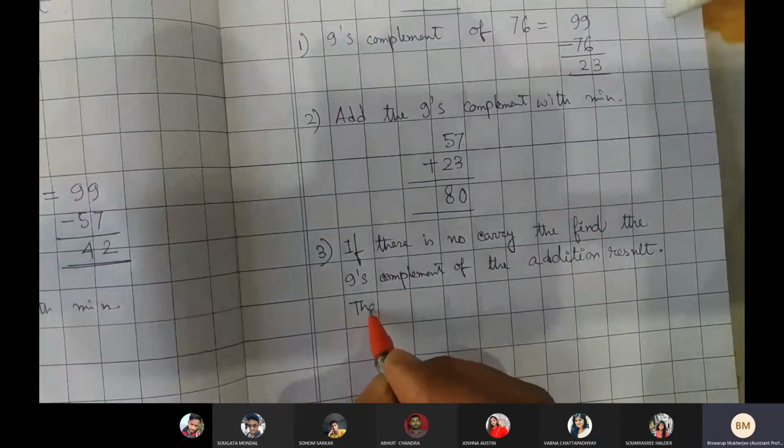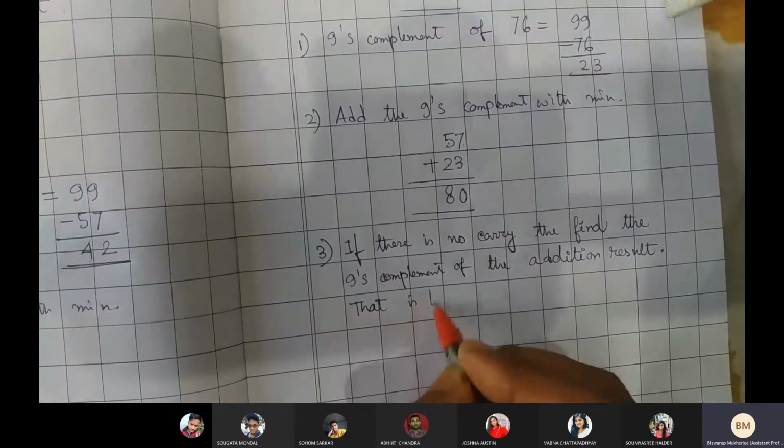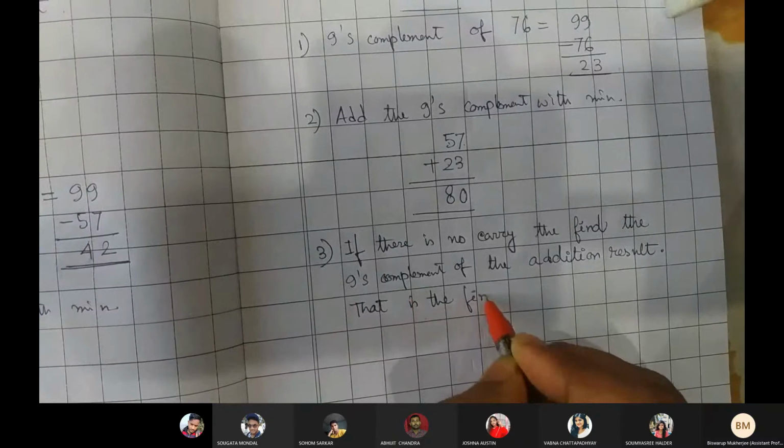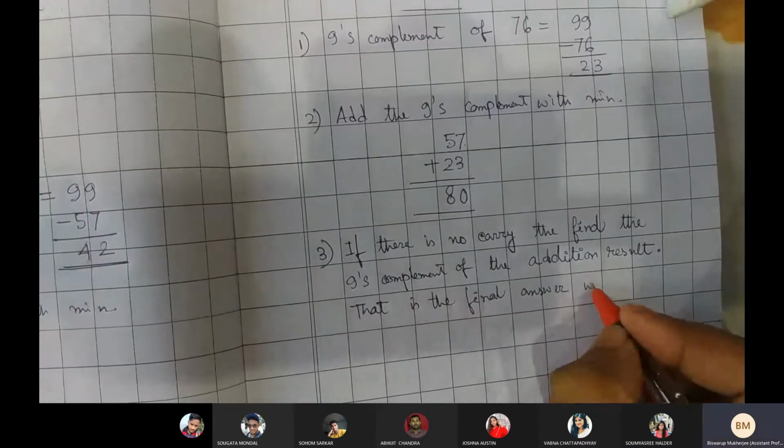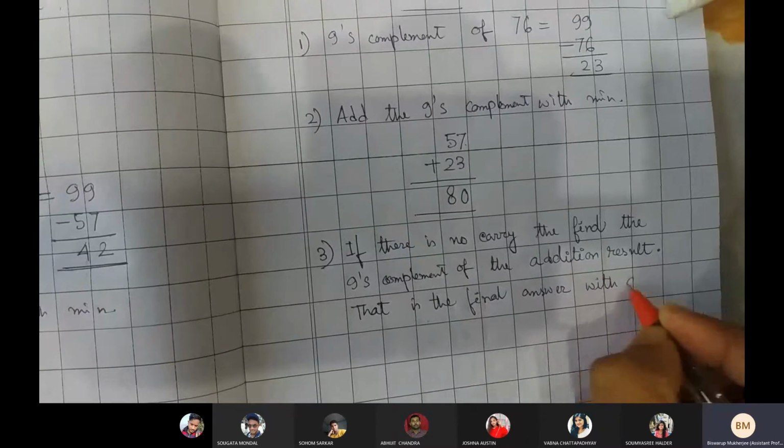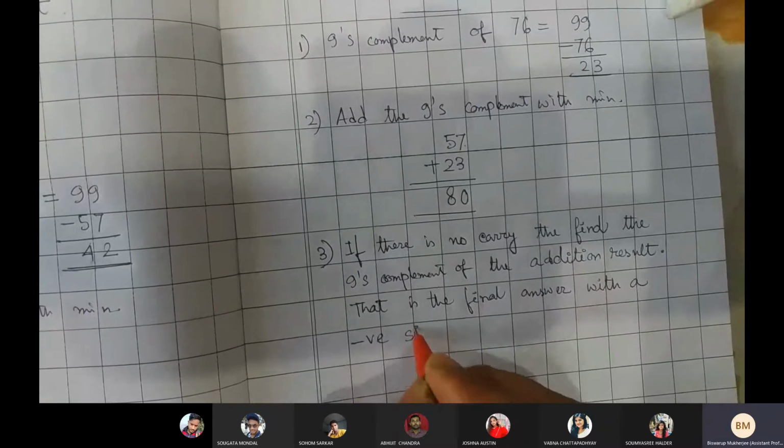That is the final answer, with a negative sign.